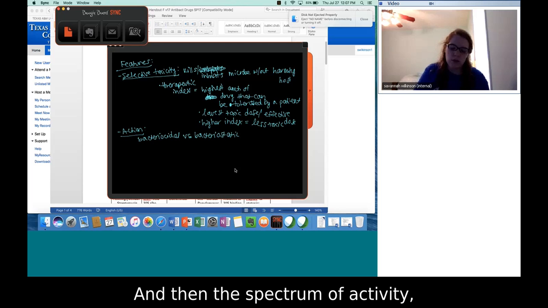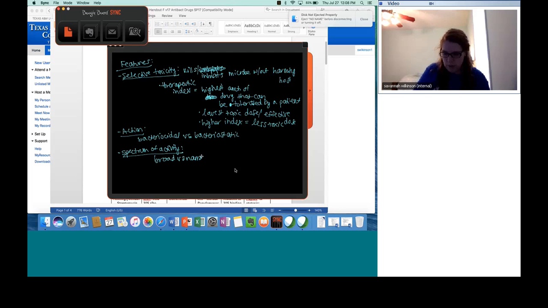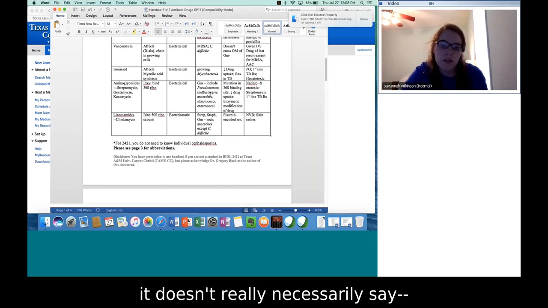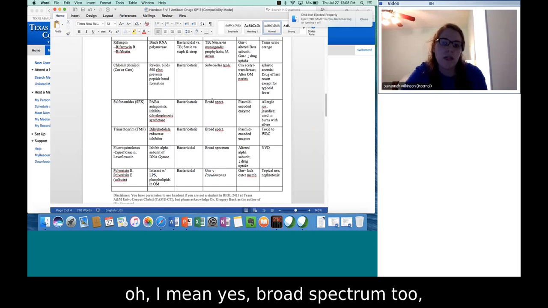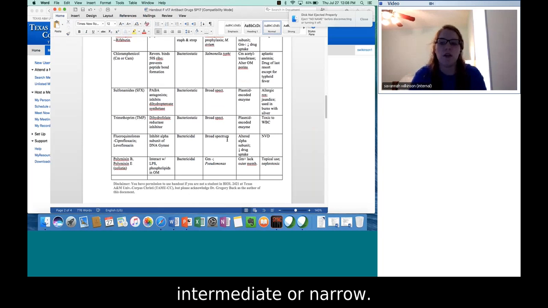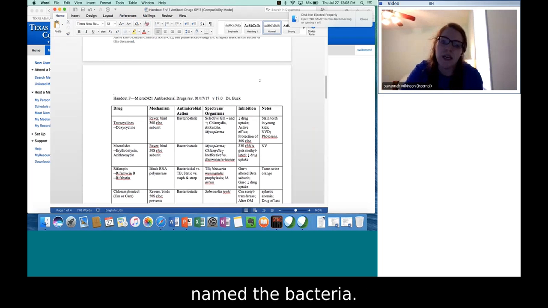And then the spectrum of activity. That can be broad, narrow, or intermediate. As you can see here, it doesn't really say intermediate or narrow anywhere, but if it's narrow spectrum, it's kind of obvious because it specifically names the bacteria.